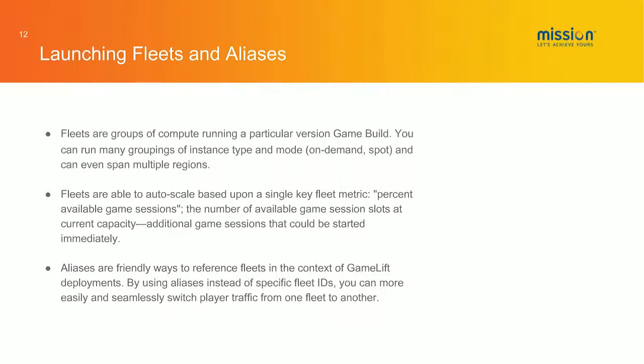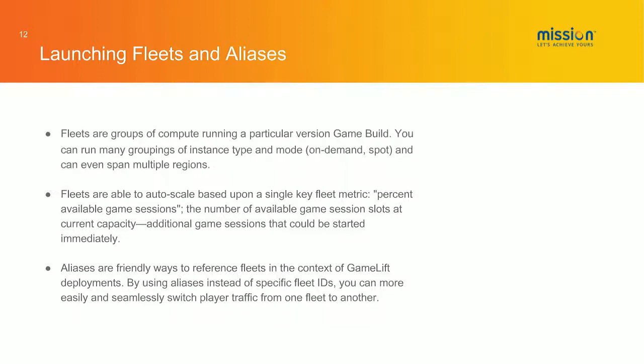And so the fleets in GameLift are, under the hood, just EC2 instances and auto-scaling groups. But the fleets all scale based upon one key metric, which is % available game sessions. As your application is communicating to GameLift using the SDK, and it's reporting the players who have joined and left, it's actually tracking the state of all the sessions of all your game servers.